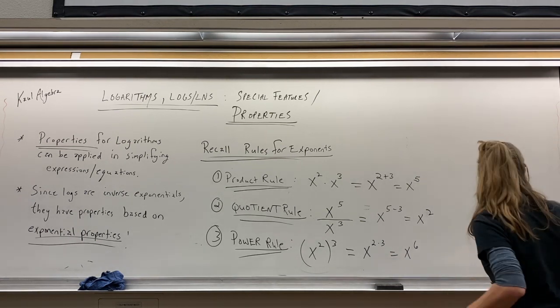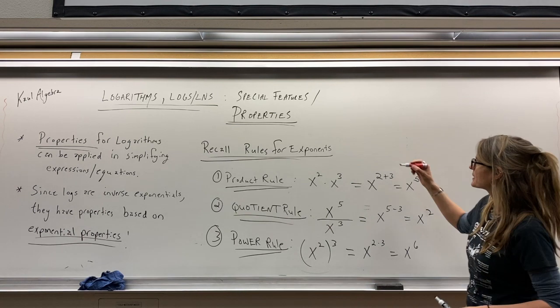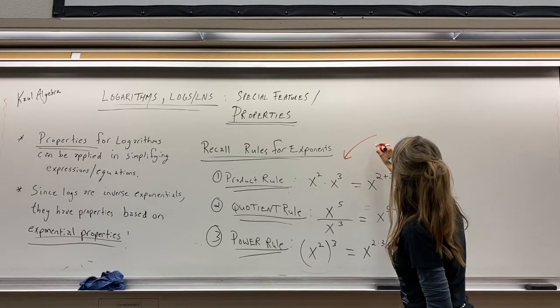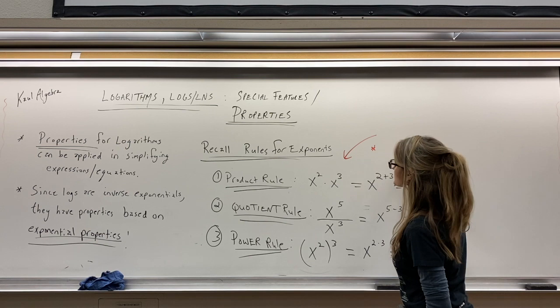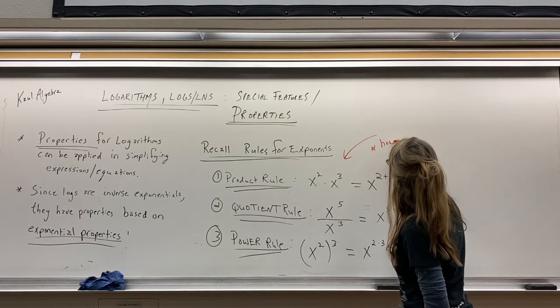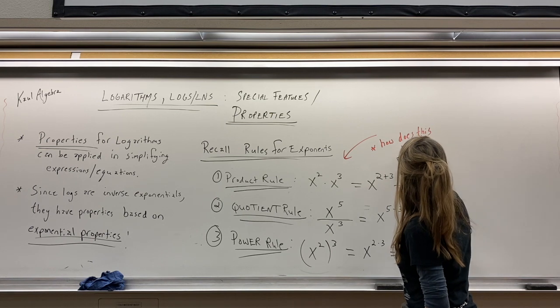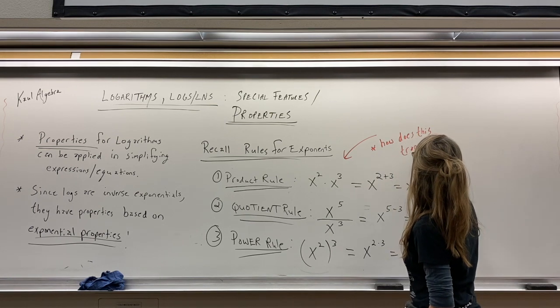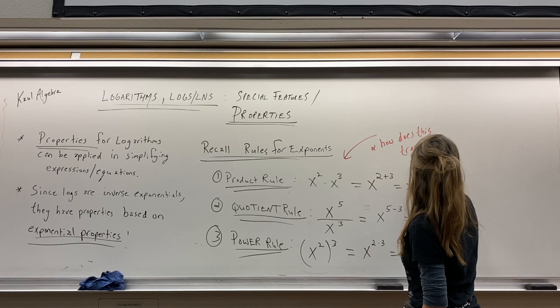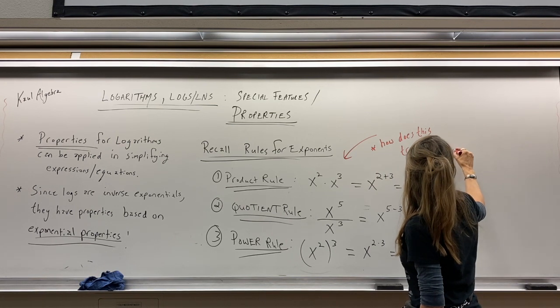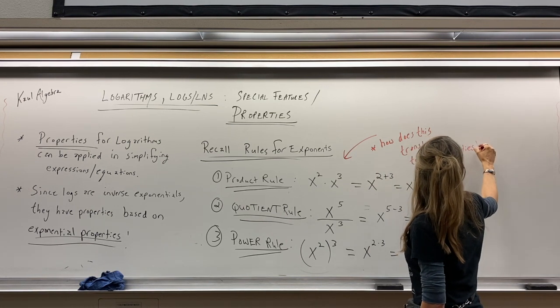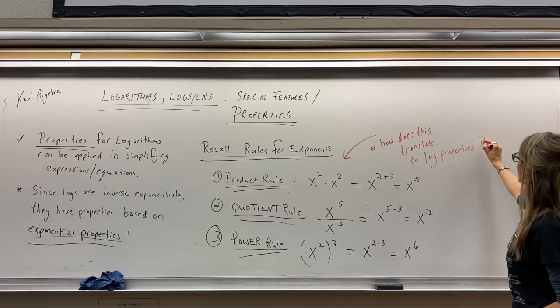So the question you want to think about is, how do we express this? How is this applied to logs? Or how does this translate to log properties? So we have the analog for logs.